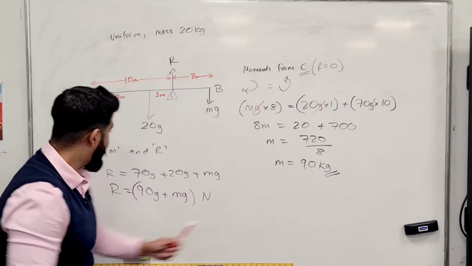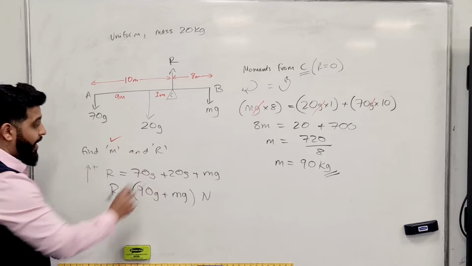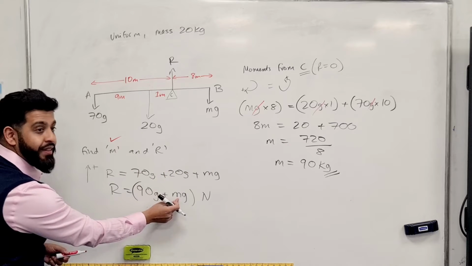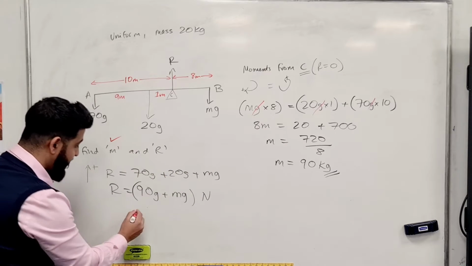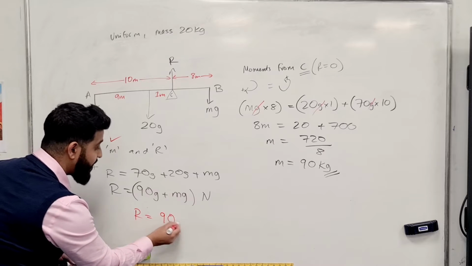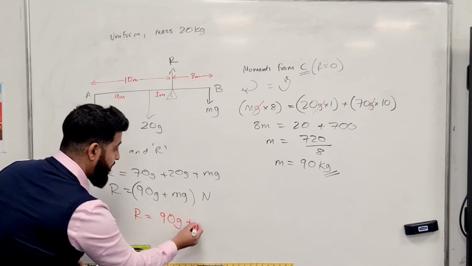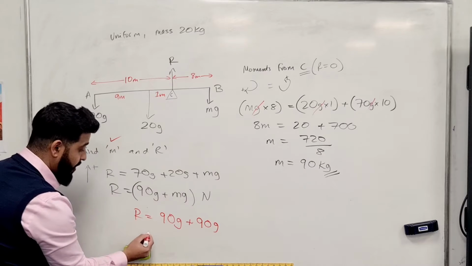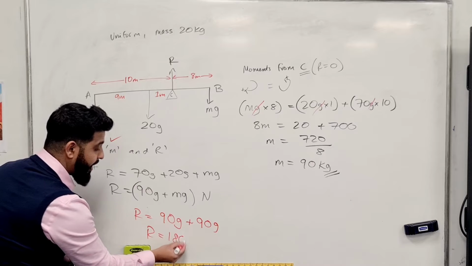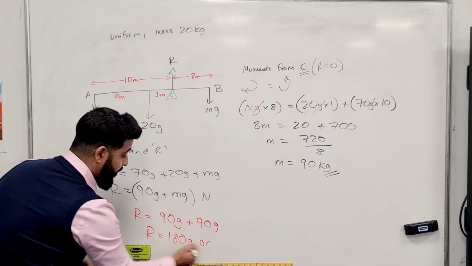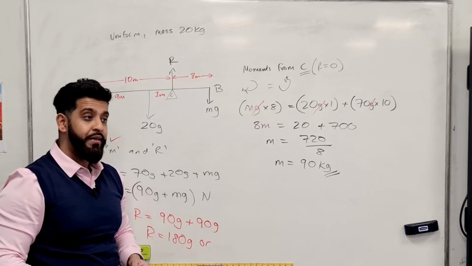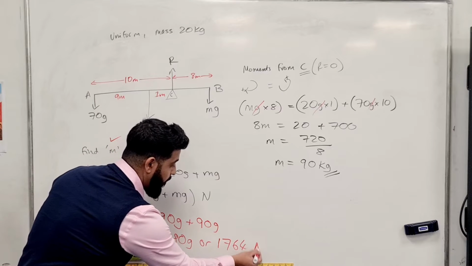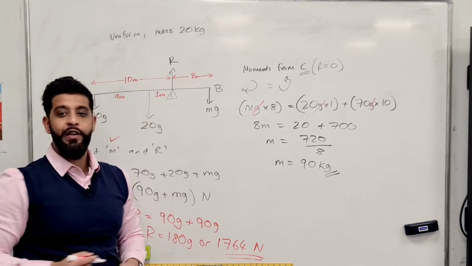Now that I have calculated m, I just need to find my R. What am I going to do? I'm going to substitute that value of m right there. So R will be 90g plus 90 for m, and the g that's already there. So that gives us 180g. Or if you calculate 180 times 9.8, please, 1,764 newtons, and that is the value of R.